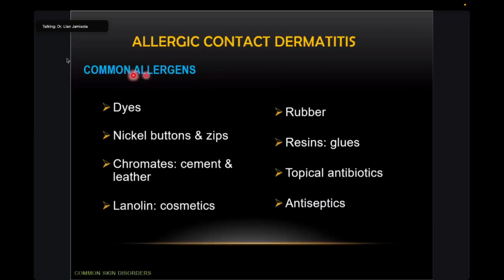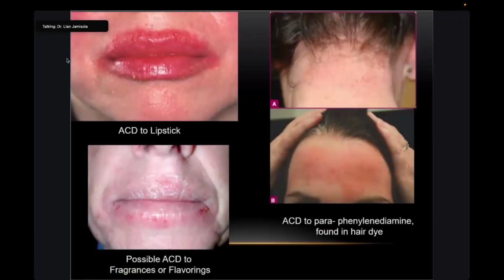Okay, so these are the common allergens. Nickel, chromates. Chromates are seen in cement and leather. Lanolin is seen in cosmetics, so you have to check the cosmetic for lanolin. Rubber resins, topical antibiotics, and antiseptics. Yes, some antiseptics can cause allergic contact dermatitis. Okay, example. Here, ACD to lipstick.